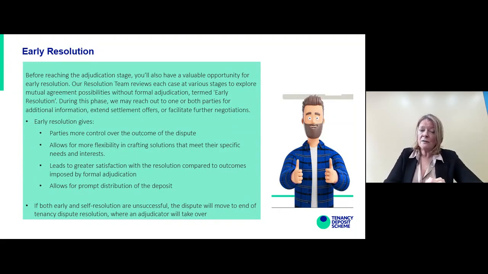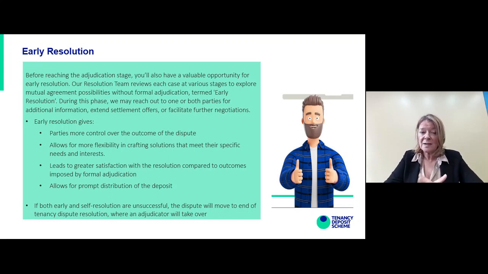Let's say you've jumped onto our platform and tried to negotiate, and perhaps some of the areas of claim have been agreed by the tenant, but some haven't. You've reached some agreement, but not all. Anything that's agreed at the self-resolution stage will fall away, and anything that is left will go on to adjudication.